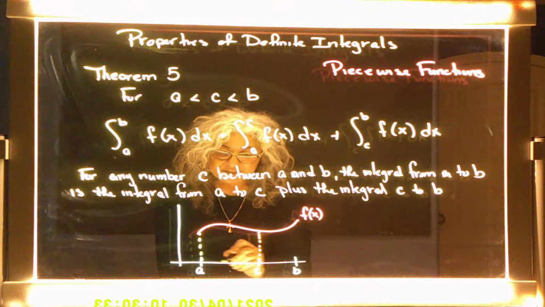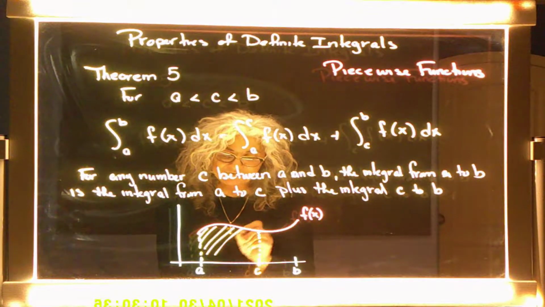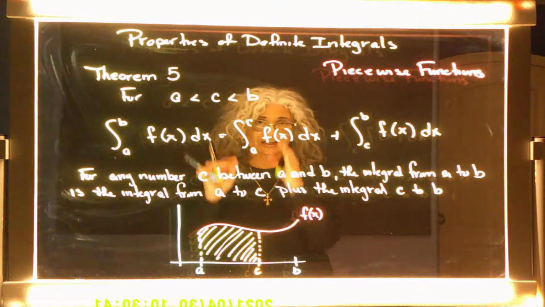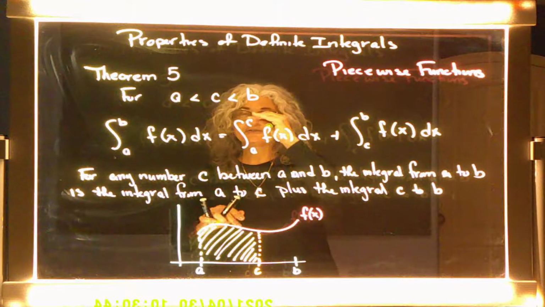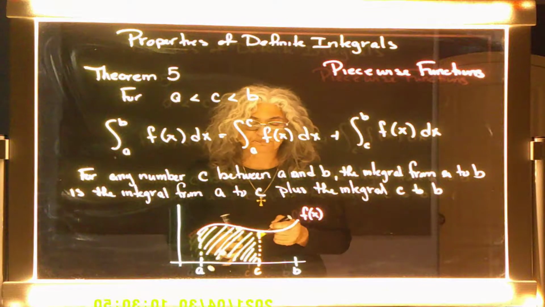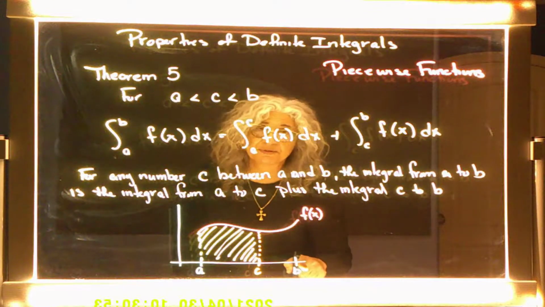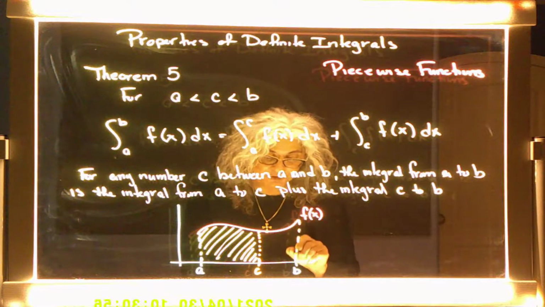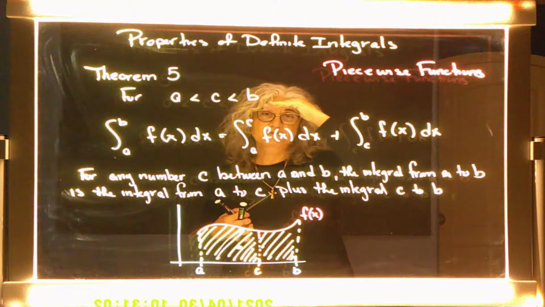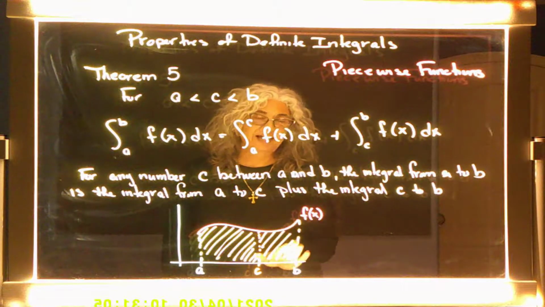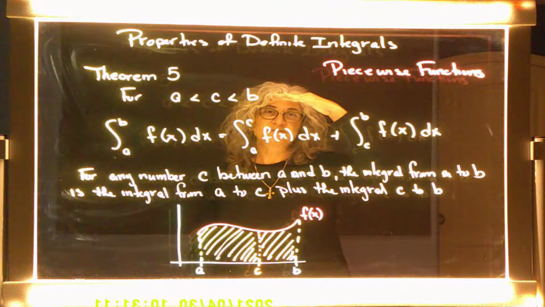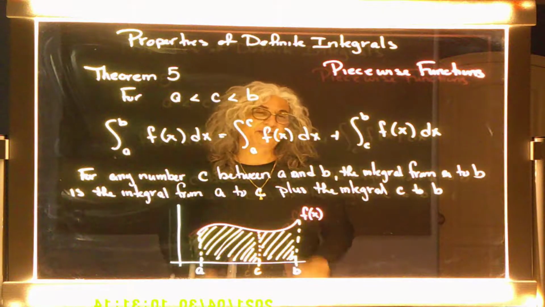So from the function to the x-axis, from a to b, if I figure out the integral from a to c, so I've got the area under the curve, between the curve and the x-axis from a to c, and then I take the integral from c to b. Remember, this is still the area under the curve from the curve to the x-axis, and if I take that integral and add them together, I'll get the entire area under the curve to the x-axis from a to b.